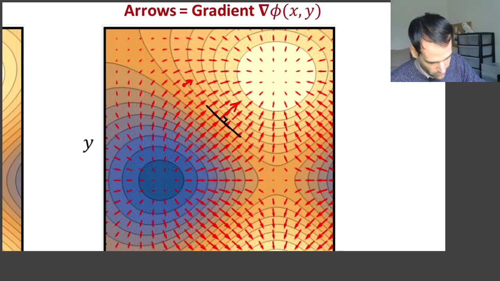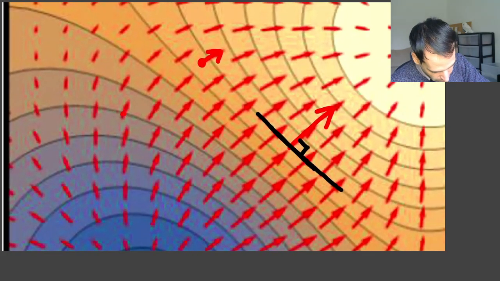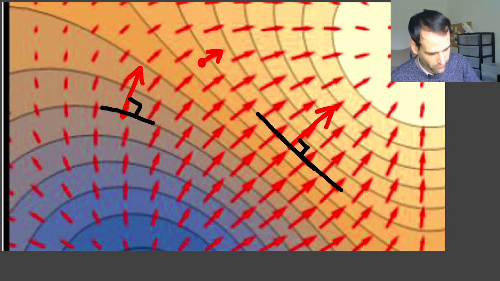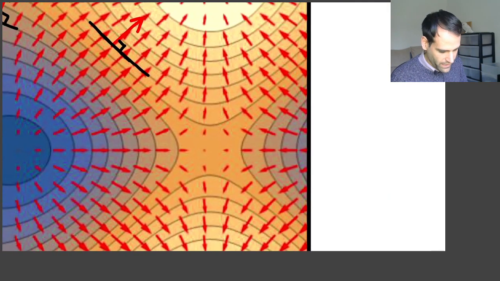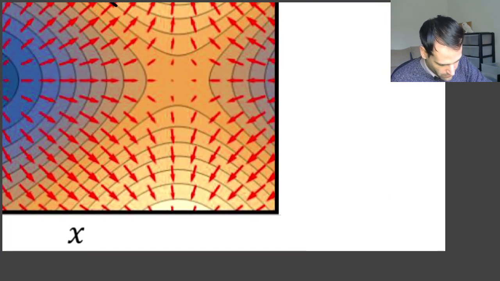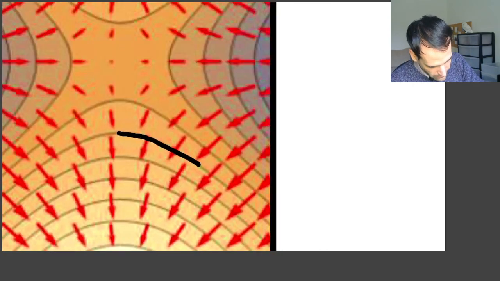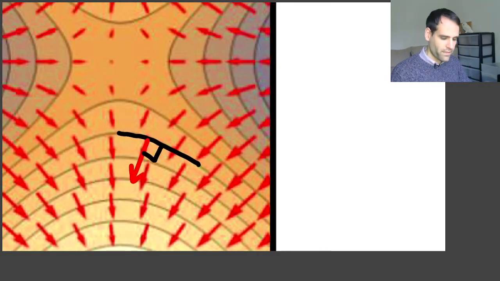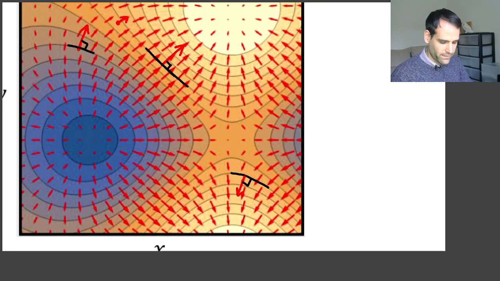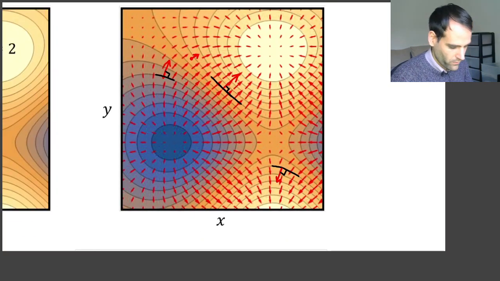So for example, here, the gradient is pointing in this direction, and the contour line is this one, and this is perpendicular. So this always happens at every single point. Notice here, you have this line of contour, and the gradient is pointing in this direction, and this is perpendicular. Okay, and I will justify it later in the next video.